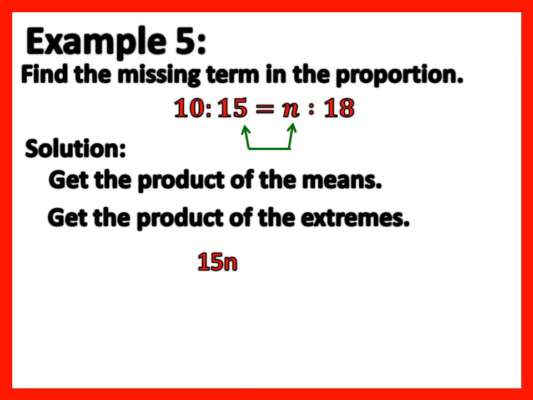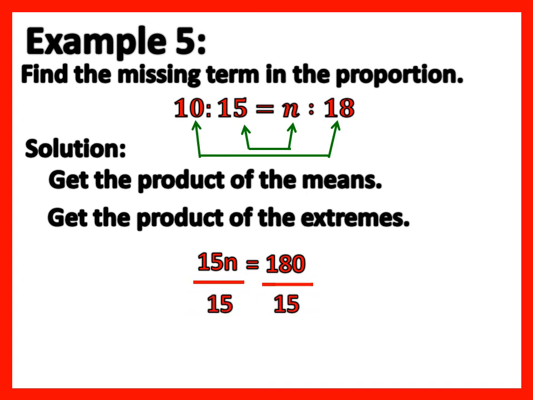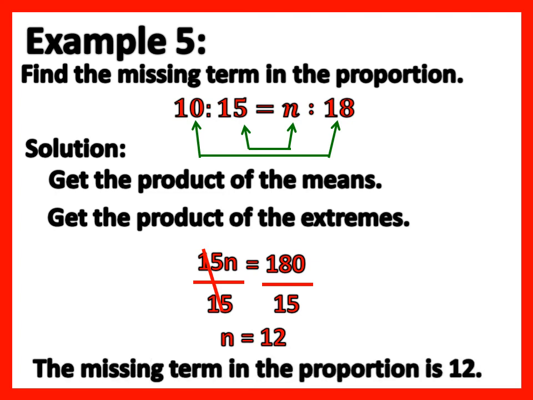The extremes are 10 and 18. 10 multiplied by 18 equals 180. Since you are looking for the value of n, we need to get rid of the coefficient of n, which is 15. So, divide both sides by 15. 15 divided by 15 is 1, or simply cancel 15. 180 divided by 15 is 12. So, n equals 12. Therefore, the missing term in the proportion is 12.